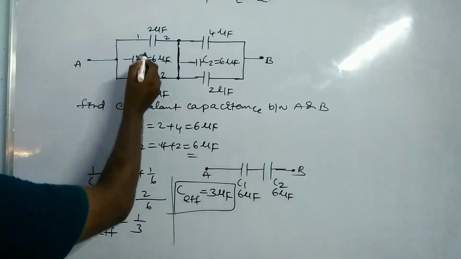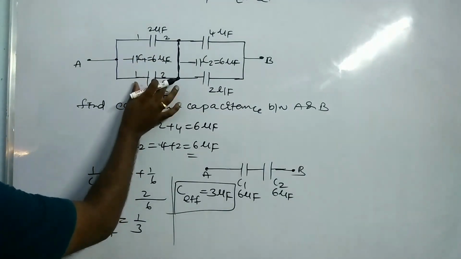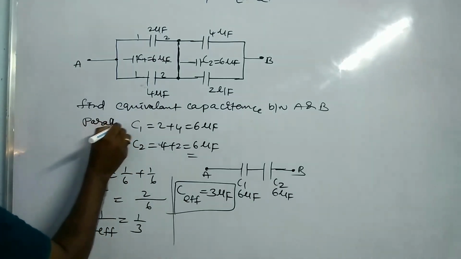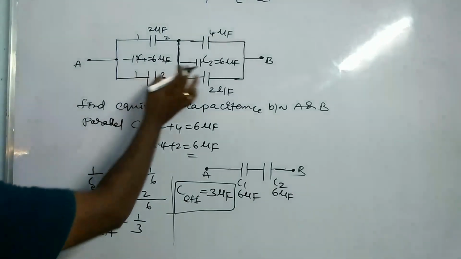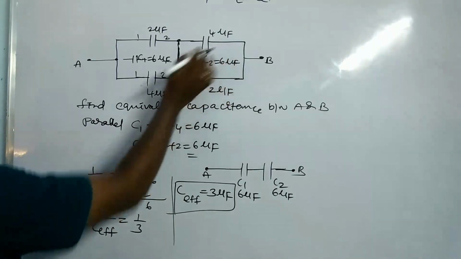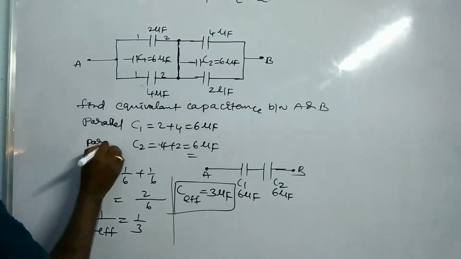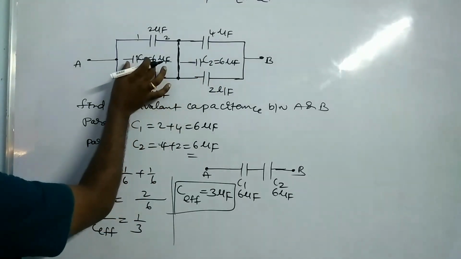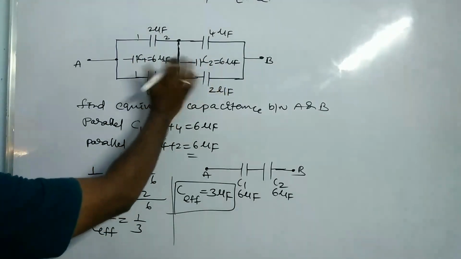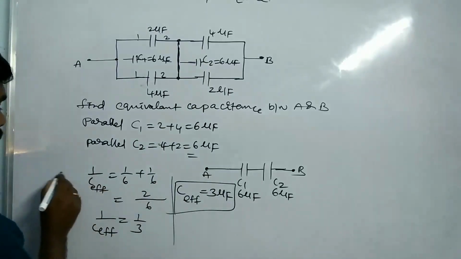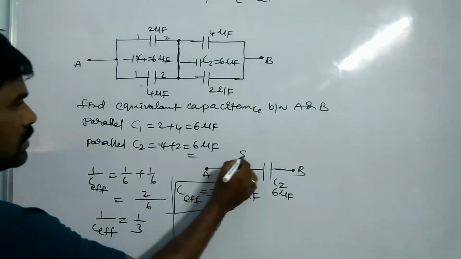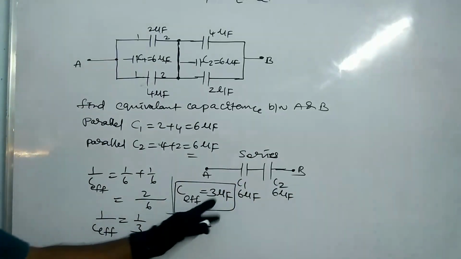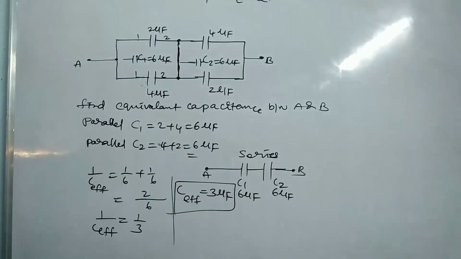At first these two capacitors are in parallel combination, and again these two capacitors are in parallel. That capacitor is denoted C1 and the other C2. So these two are now in series combination. The effective capacitance is 3 microfarad.